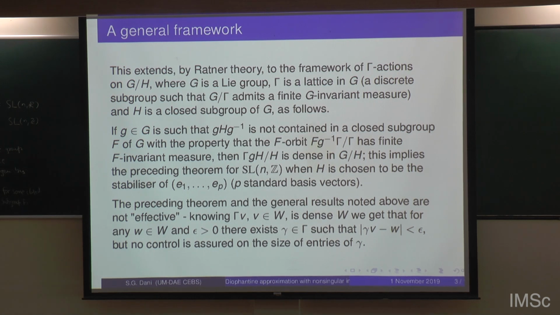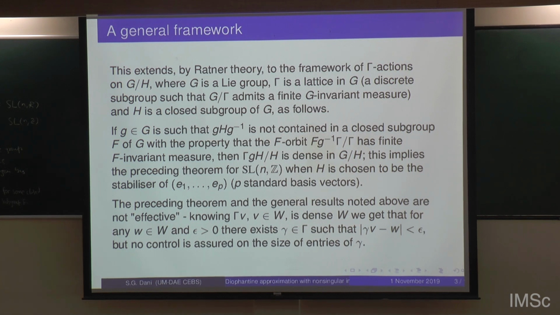So how far will you have to check? For that you will need to know that I can find Gamma with a certain control on the size in terms of epsilon. That's an issue that comes up, and that's the issue of the results being effective.